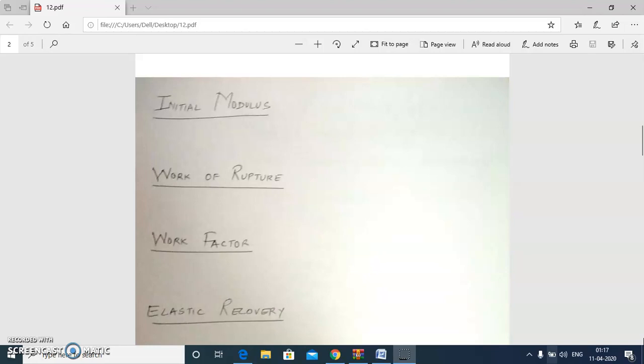In this case, work factor is either equal to 0.5, greater than 0.5, or less than 0.5, depending upon the shape of the curve. Now the next term we'll try to understand is elastic recovery. Elastic recovery is basically elastic extension upon total extension of the material, and elastic recovery is always quoted at a given extension percentage.